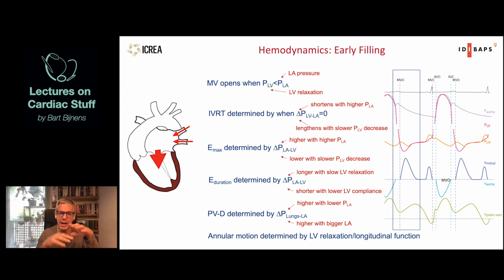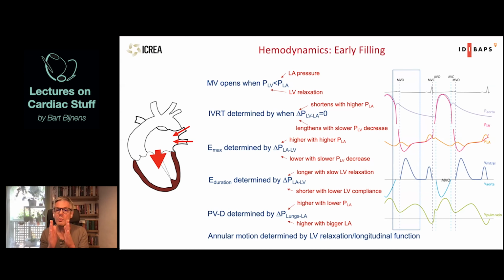One of the things to keep in mind, we will say that later on also, is that a normal right ventricle is relaxing so fast, and because the pressure in the right ventricle was already low, the crossing of right ventricular pressure and right atrial pressure during relaxation is almost instantaneous. So in a right ventricle we have almost zero isovolumic relaxation time, and that is normal.